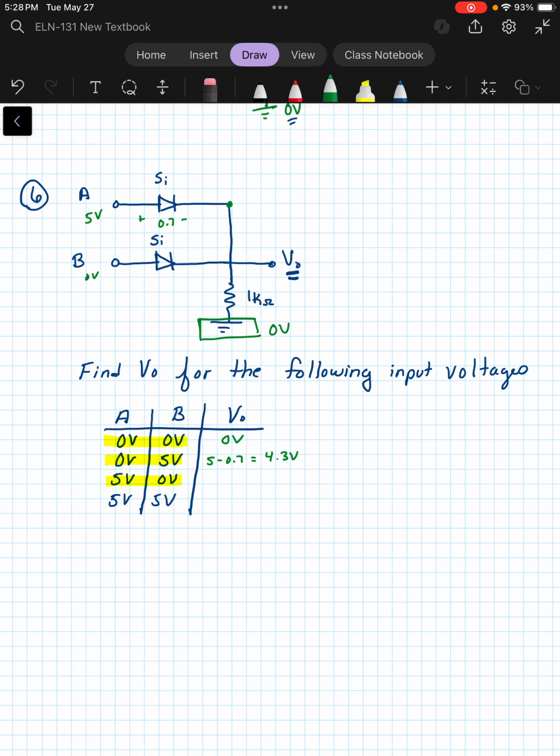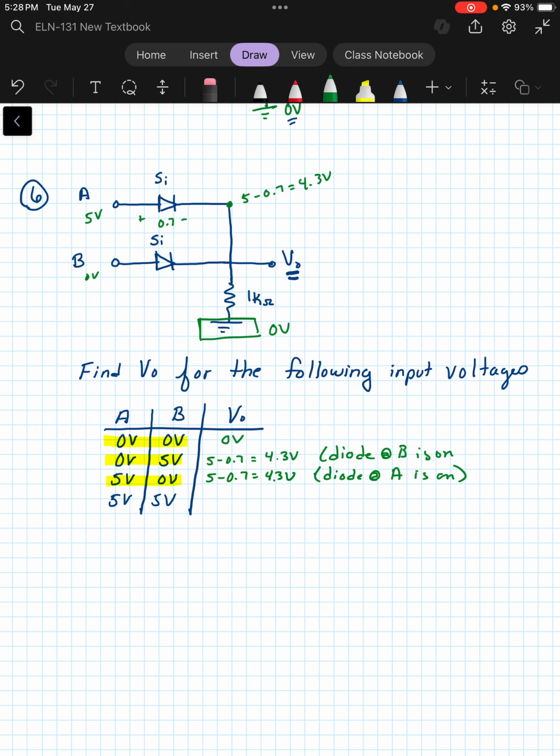So again, on the other side, we would be at 5 minus 0.7 or 4.3 volts, and that is also V out. So the diode at A is on, and the diode at B is off.